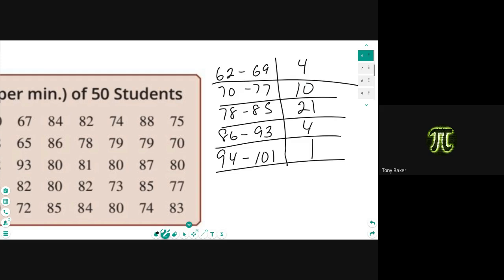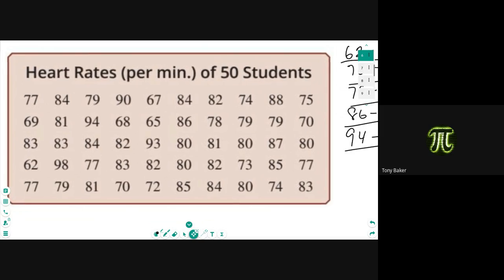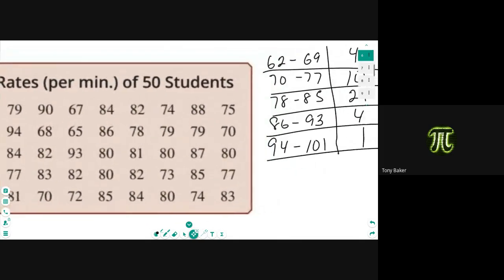Does that add up to 50? 31. No. That adds up to 40. That's the table that's 5 by 8. It does say 50 students, right? Yep, there's 50 there.